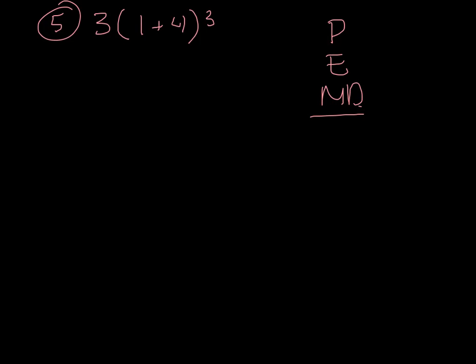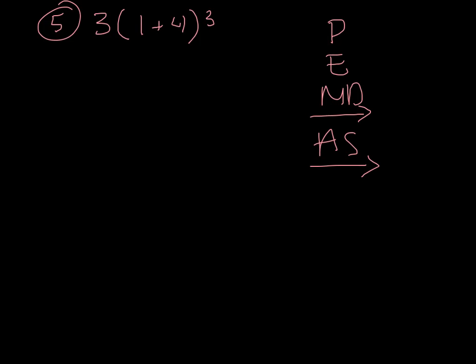Okay, for number 5, this is the last one we're going to do like this. It says 3 parenthesis 1 plus 4 parenthesis cubed. So again, Please Excuse My Dear, from left to right, Aunt Sally, from left to right. Starting with my parentheses, what's inside of my parentheses?